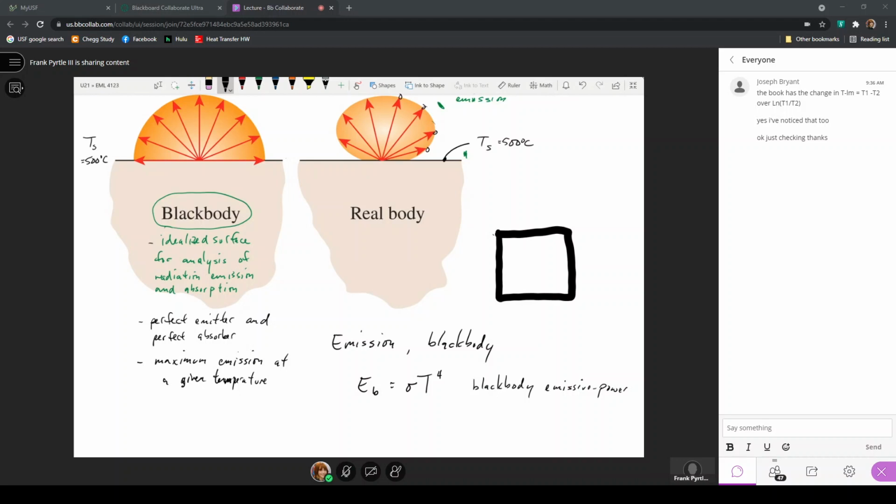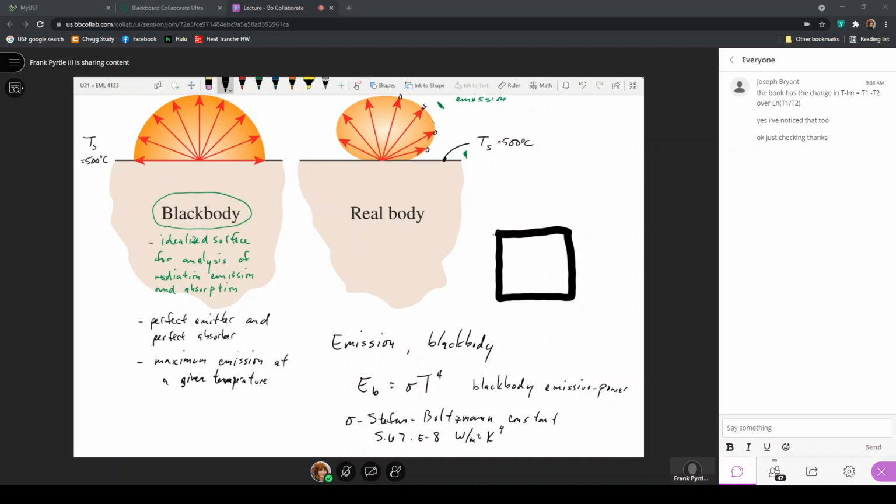Now, the Stefan Boltzmann constant, this lowercase sigma, is 5.67 times 10 to the minus 8 watts per meter squared Kelvin to the fourth power.